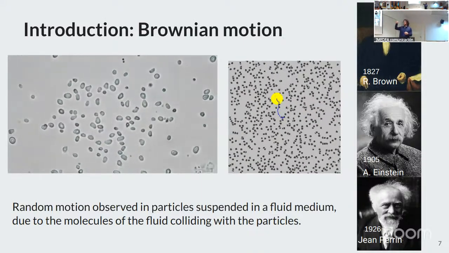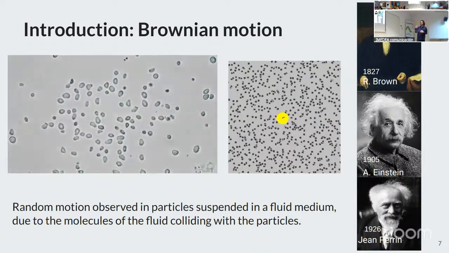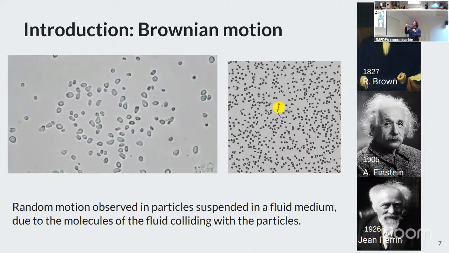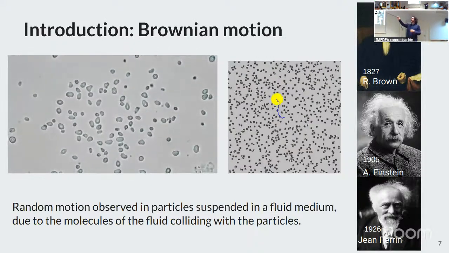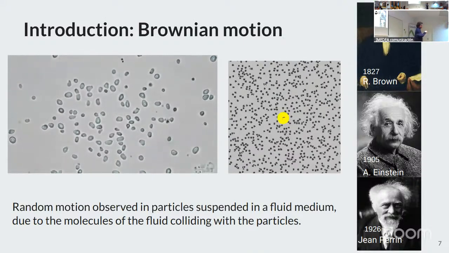They were just moving randomly like this. Then some years later, Albert Einstein theorized about it and proposed that the liquid was made of small particles, molecules, actually, right? And those molecules were hitting the colloid.